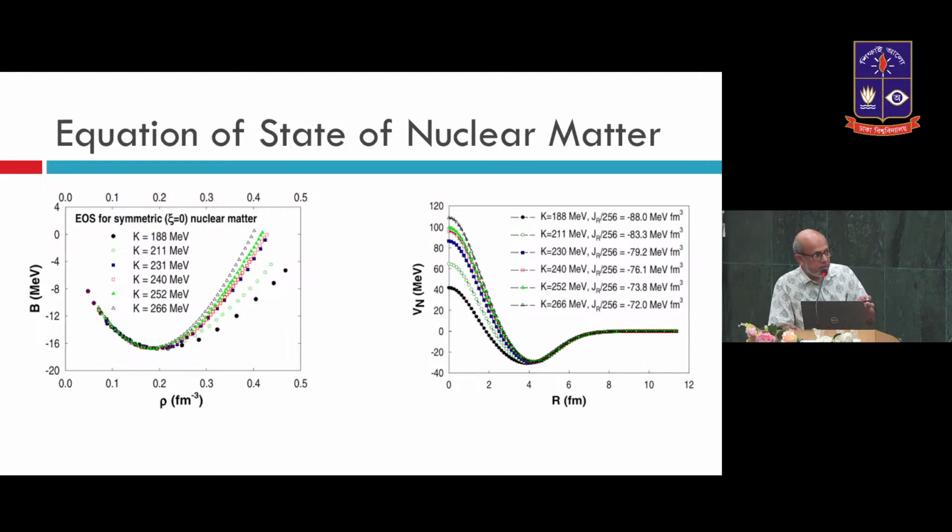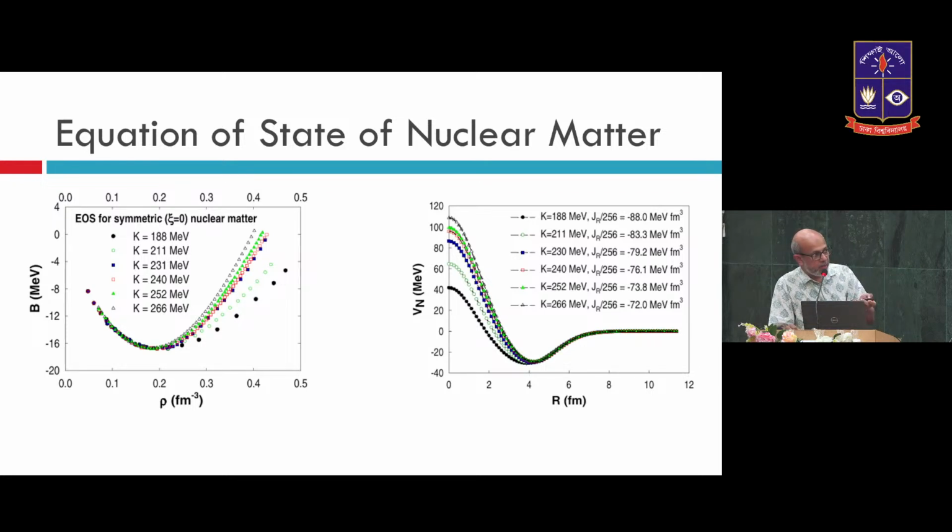For different values of incompressibility of nuclear matter, the incompressibility is this second derivative at this point, which basically differentiates between these different curves. If it's a softer or a stiffer equation of state, depending on this, we get different potentials.